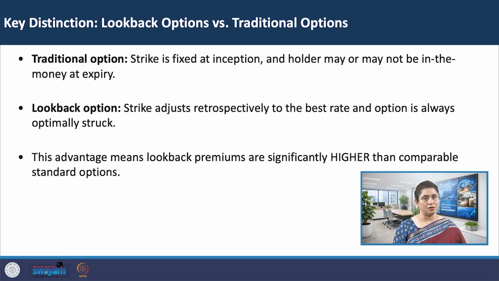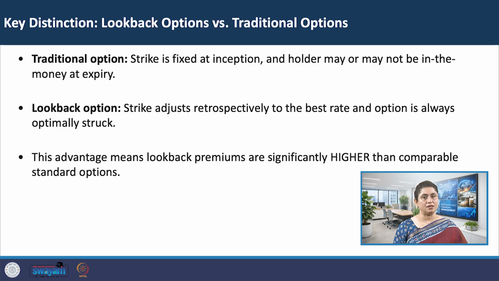In a traditional option, the strike price is fixed at the beginning. So whether the option ends up in the money or not depends on where the market moves by expiry. In contrast, a look back option works very differently. Here the strike price is adjusted later based on the most favorable rate observed during the life of the option.